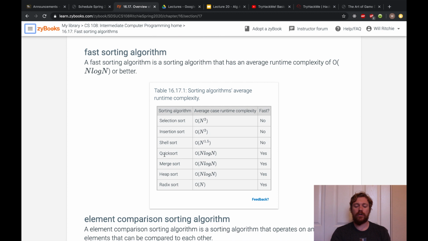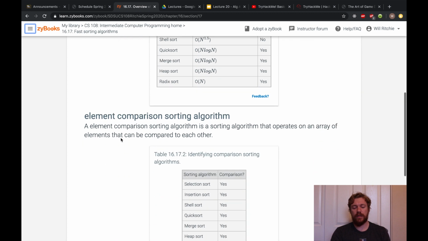You have quicksort, which is big O of n log n, and merge sort, which we've already seen, which is big O of n log n. We didn't cover heap sort or radix sort. Once again though, this is the average case, and we don't actually care so much about the average case, we really care about the worst case.